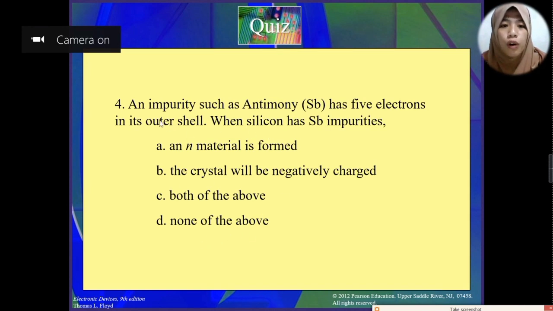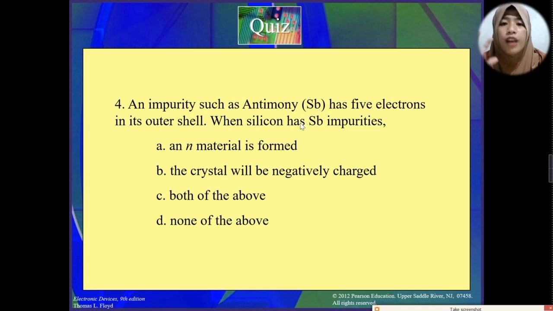So, the answer here is letter A, an N material is formed. We have provided an example showing that antimony has 5 electrons and is bonded to silicon.